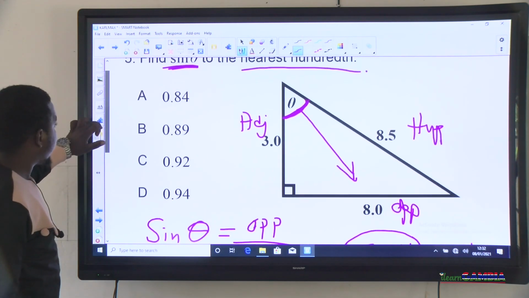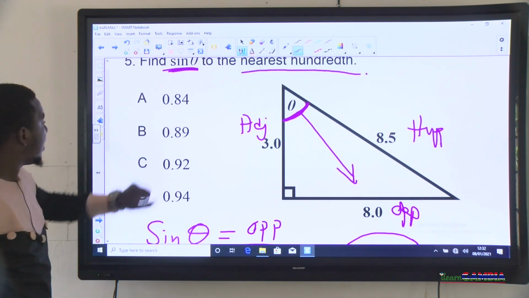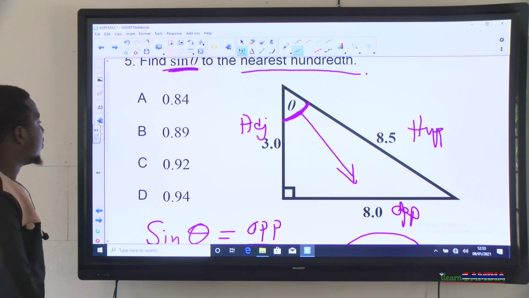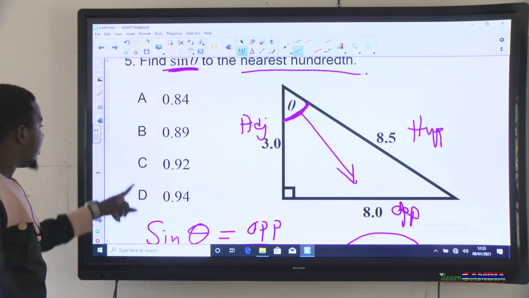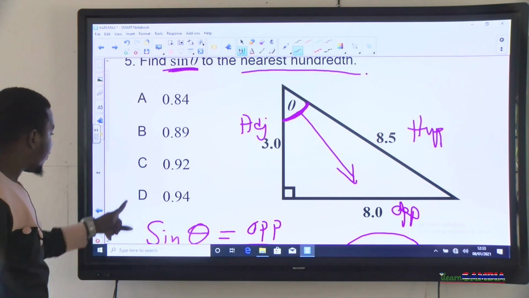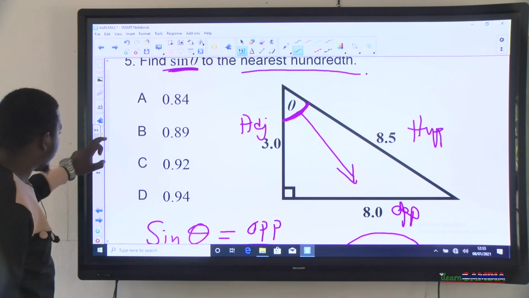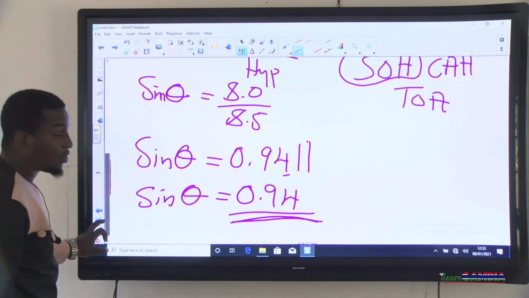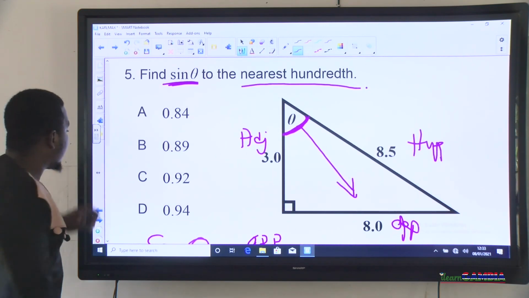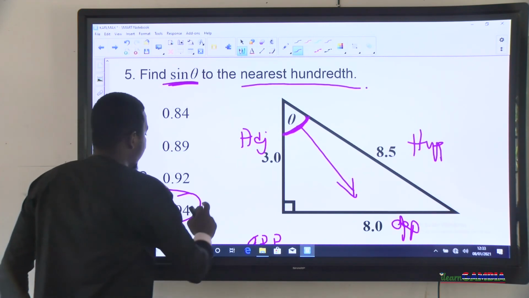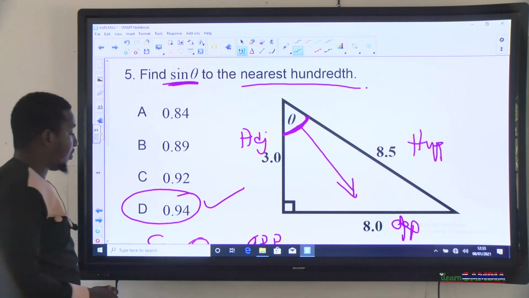So we look at the options. The first option we have 0.84, the second 0.89, the third 0.92, and the fourth 0.94, and in our answer we have 0.94. So the correct option is option D, which gives us the answer as 0.94.